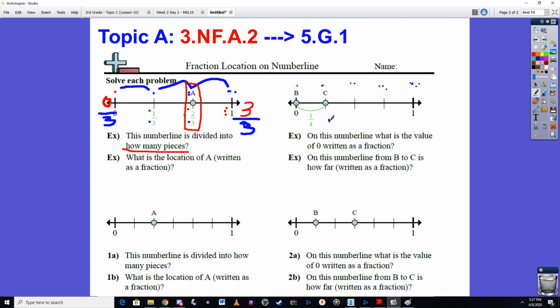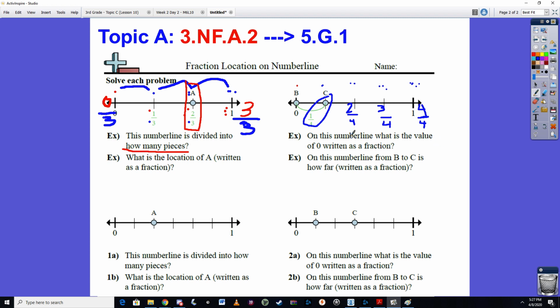So if this is 1/4 right here, that means this is 2/4, 3/4, and 4/4, which is also 1. It's the same thing.